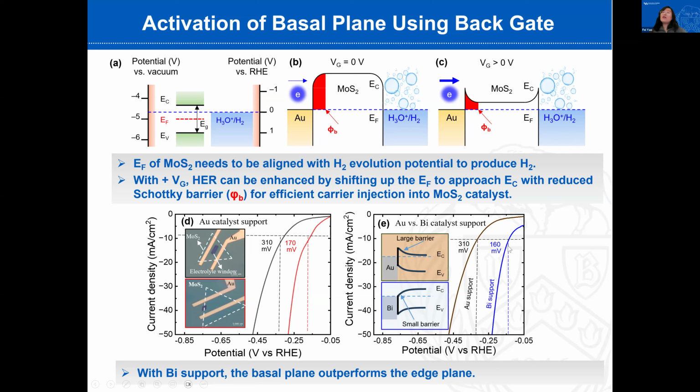The value achieves 160 millivolt, which is even better than the edge plane. In other words, with the bismuth support, the basal plane can outperform the edge plane, indicating that the inherent catalytic activity of the basal plane probably is not inferior to the edge side, as well documented in the field.